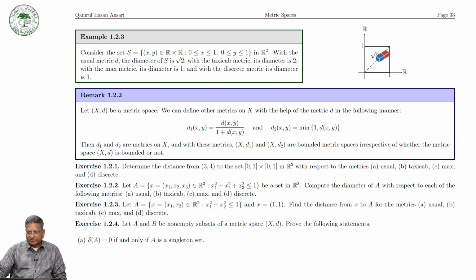The diameter with respect to the taxicab metric is equal to this plus this, which is equal to 2, and the diameter with respect to the max metric is equal to 1.